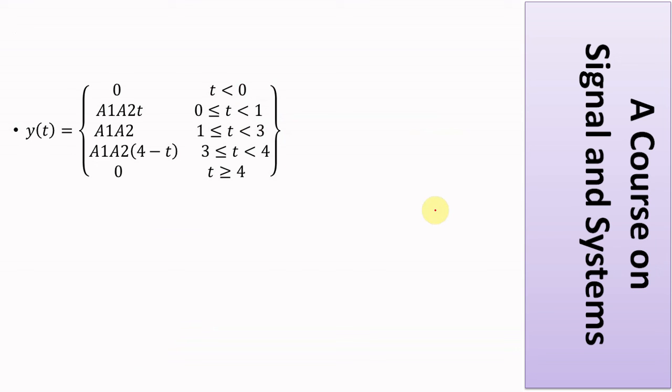My y of t is a1 into a2 when t is in between 1 to 3, and my y of t is a1 a2 (4 minus t) when t is in between 3 to 4, and finally my y of t becomes 0 when t is larger than 4. So I have these 5 cases which give me the convolution of the two signals.